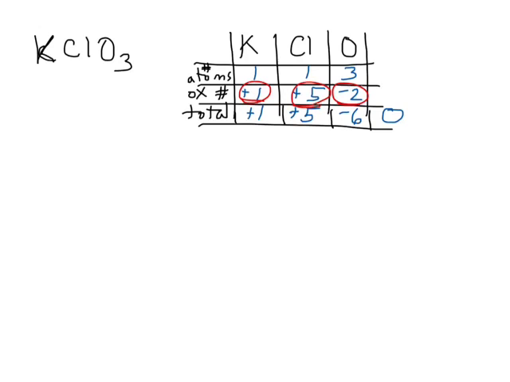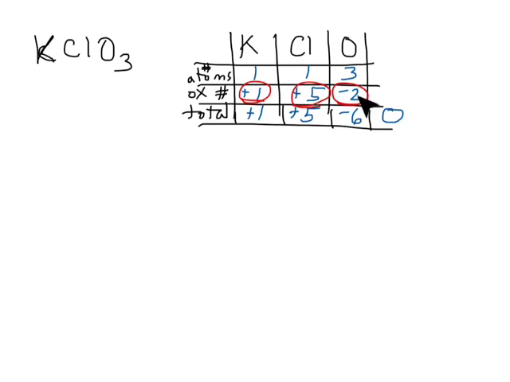What you will find with oxidation numbers is that only certain elements can really vary. Oxygen is almost always -2. There is an exception, and I believe it's in your table of oxidation rules. It's only when it's in a peroxide, like hydrogen peroxide, that oxygen has an oxidation number of -1.